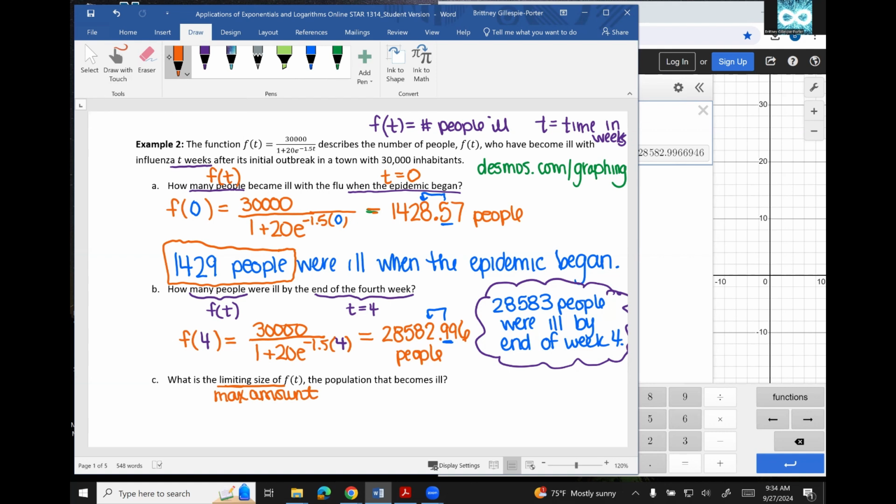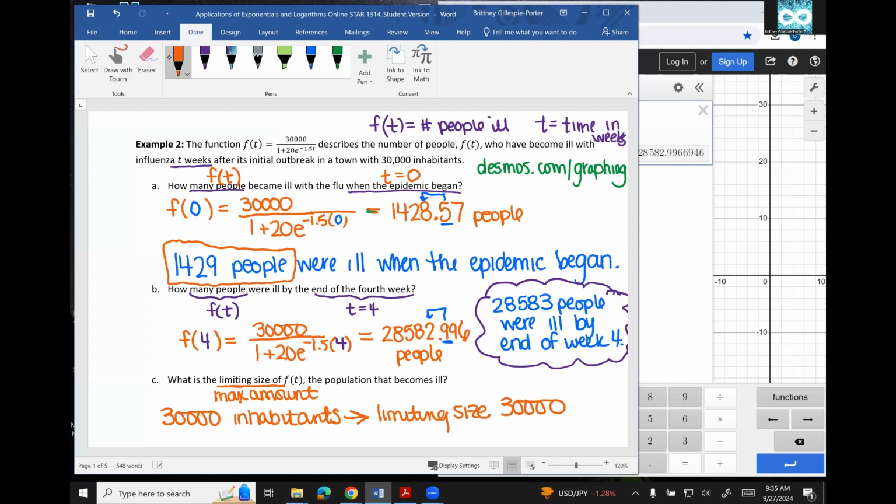So for this town, if they were to lock down the borders and keep it contained, the only people that would be getting sick are the people in the town. There are 30,000 inhabitants in the town. So 30,000 people in the town, which means that the limiting size for the maximum number of people that can be sick is 30,000.